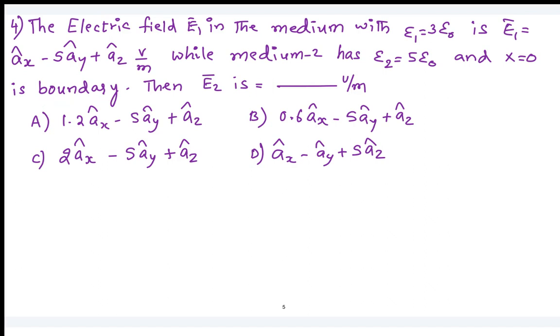Then find the electric field intensity in the second medium. Okay, you can do this and share the answer now, because we've already seen the problem. I don't want to discuss it again now. So you know all the boundary conditions, right? You can go ahead now.